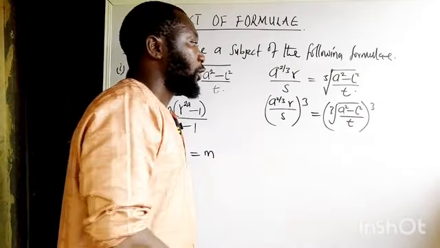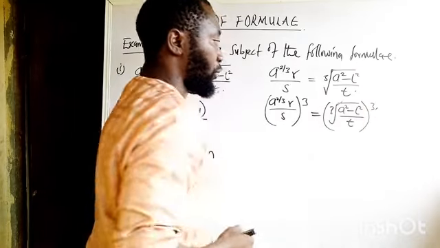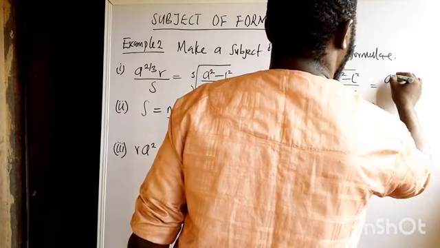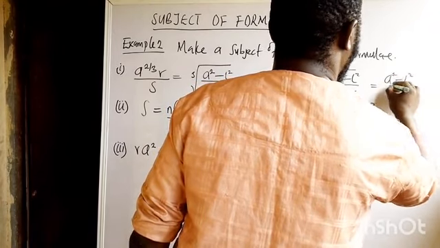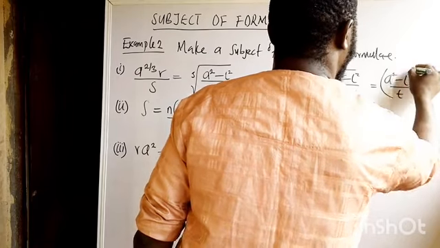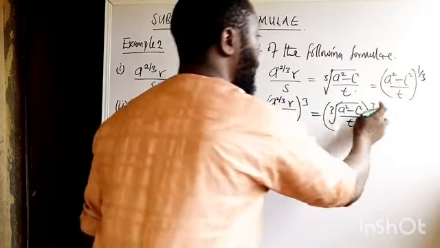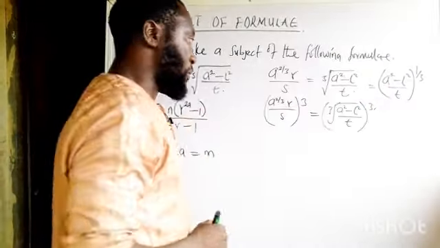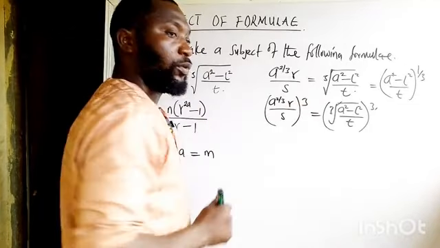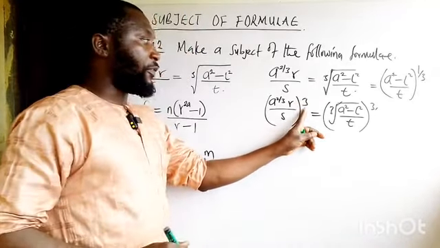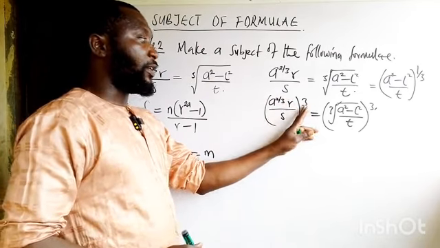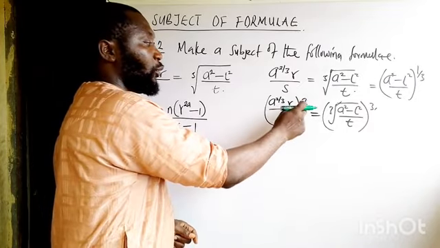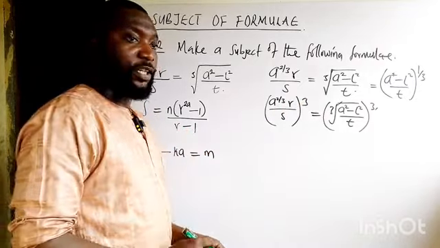Now, this 3 will remove this cube root, because this cube root is the same thing as a square minus l square over t raised to the power of 1 over 3. So by the time we multiply this 3 by this power, this root will disappear. And also, whenever you have a power and several variables inside the bracket, the power belongs to each of these variables.